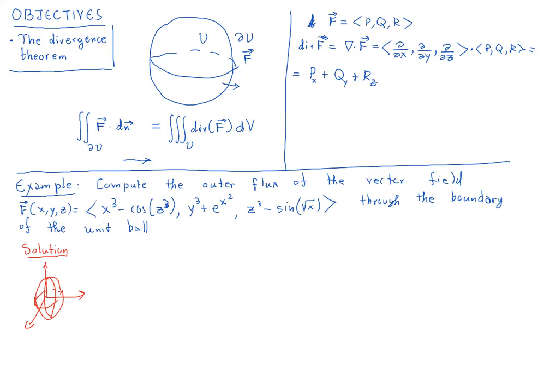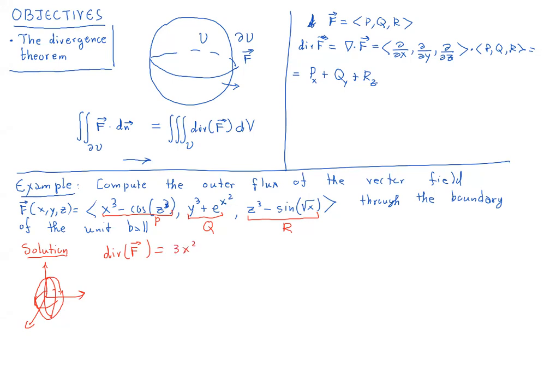In any case, the important thing is to find the divergence of F here, and this is where everything simplifies, because this is your p, this is your q, and this is your r. You need to take the derivative of p with respect to x, which gives you a nice 3x squared.